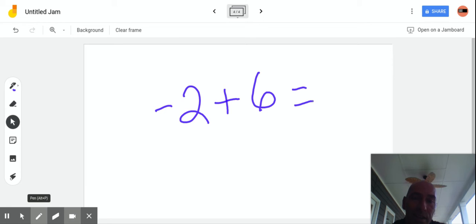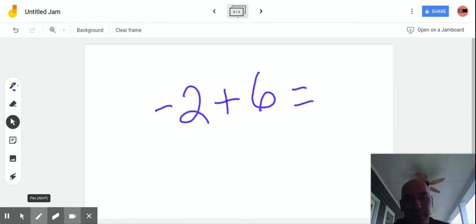To do this without the number line, you could say, okay, the rule is if I have two of the same signs, then I'm adding the two numbers. If the two integers have different signs, then I'm subtracting. So if they're the same signs, you add. If they're different signs, you subtract.